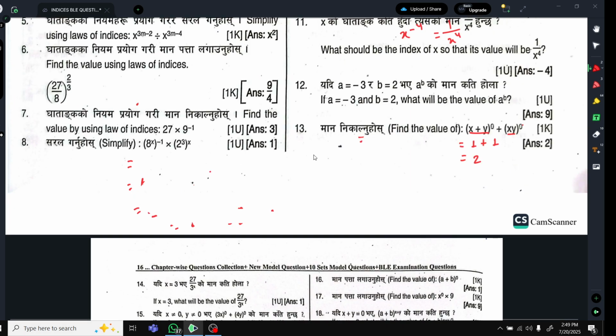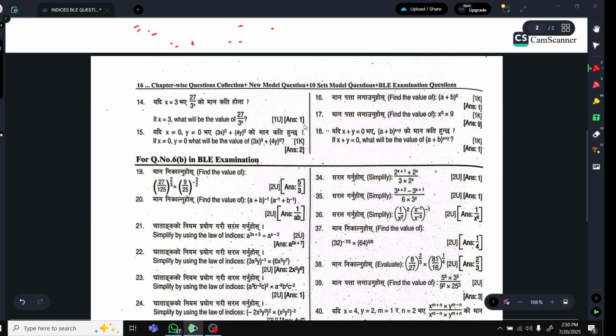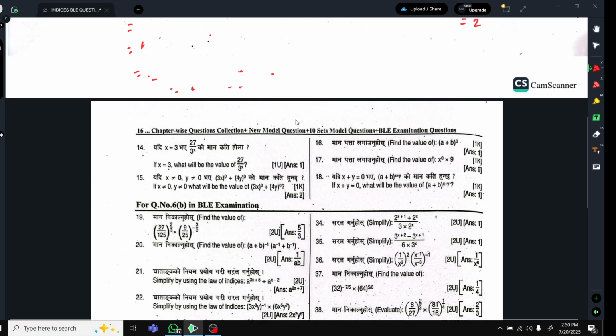Okay, let us move down to question number 14. We have x equal to 3 and we have to find out the value of 27 by 3 to the power x. So over here I'll solve question number 14. We have 27 by 3 to the power x. Let us put the value.